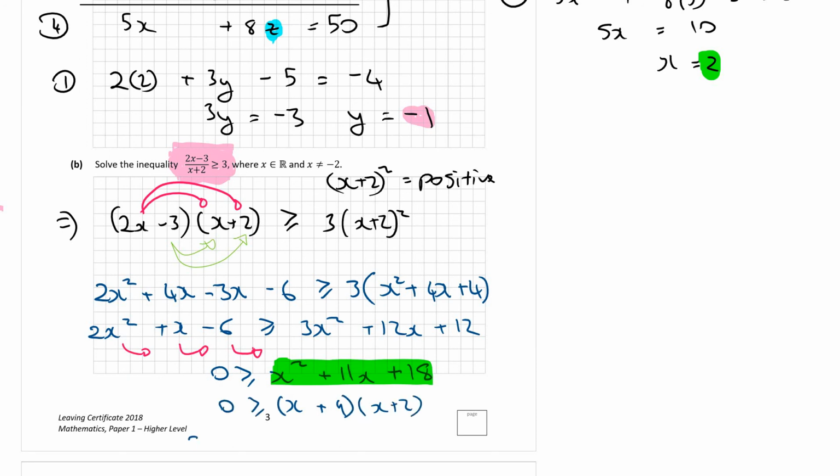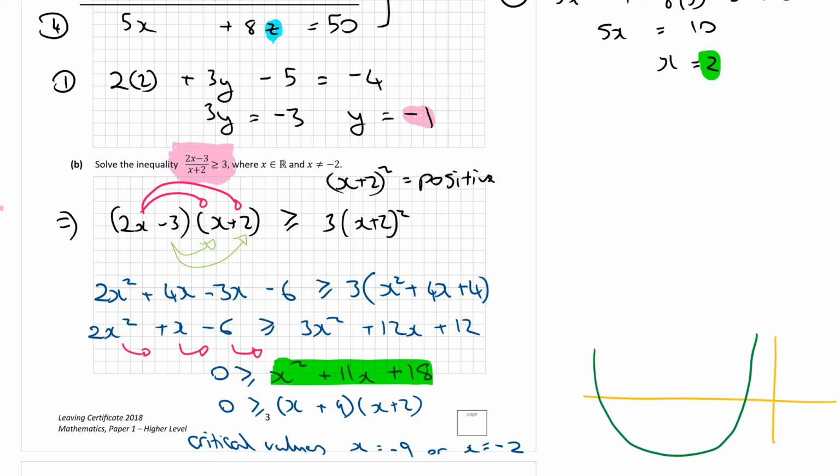So critical values: x equals minus 9 or x equals minus 2. So just to show you what this question now means, this is a rough sketch of the graph. At x equals minus 2 and x equals minus 9, we're looking for all the values of x which return a negative value of y, because we're looking for every value where this curve is less than 0.